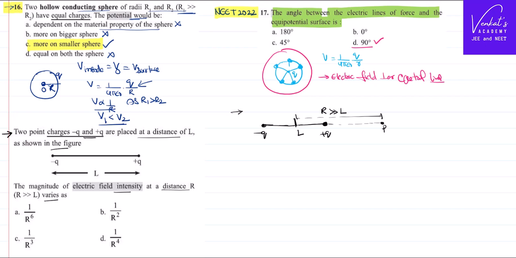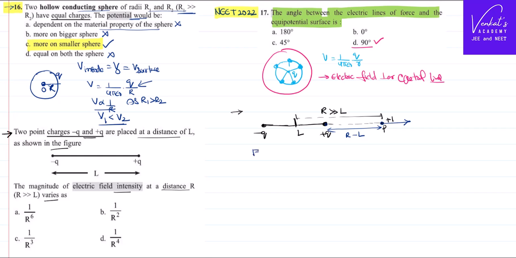Then electric intensity means at a point we shall imagine a unit positive charge. Now, you can clearly see that this positive charge experiences a repulsion, and this distance will become automatically r minus L. How much is that?